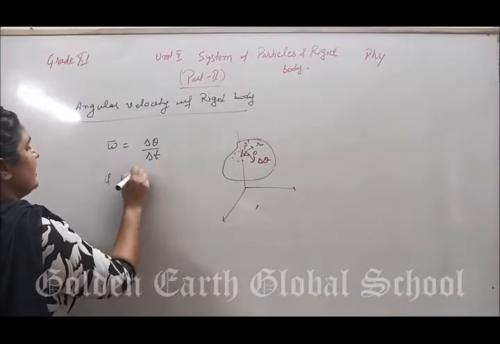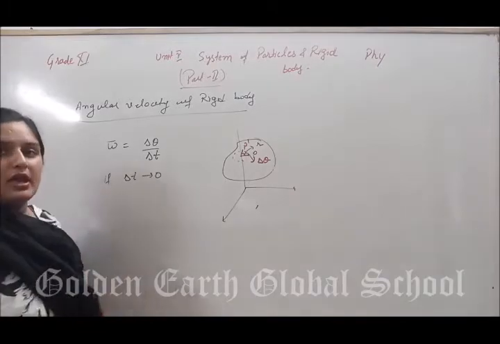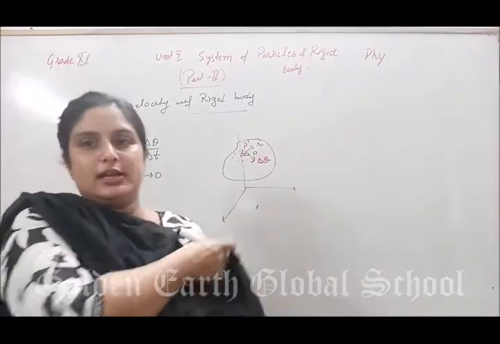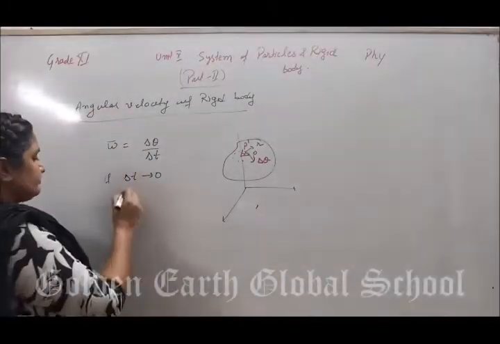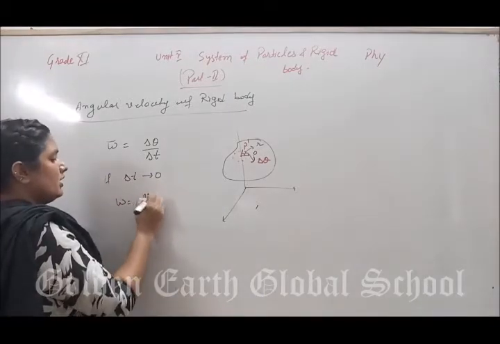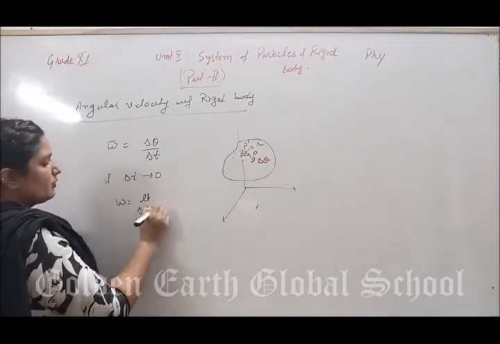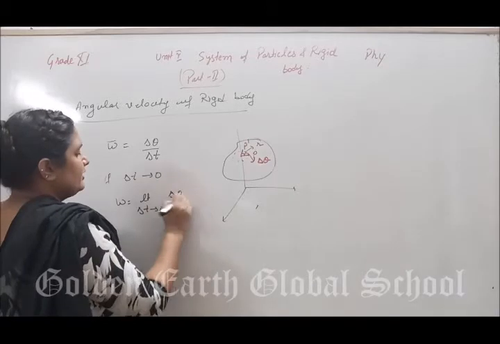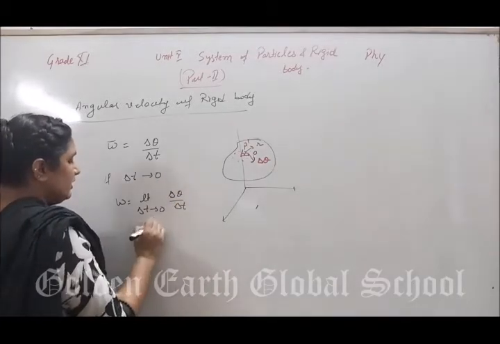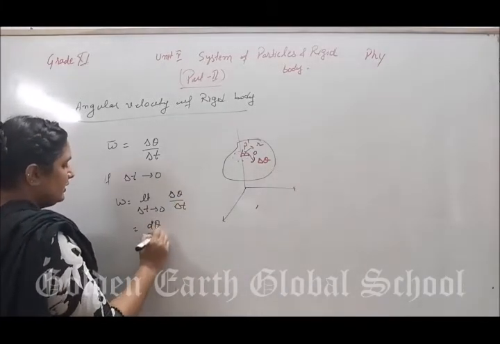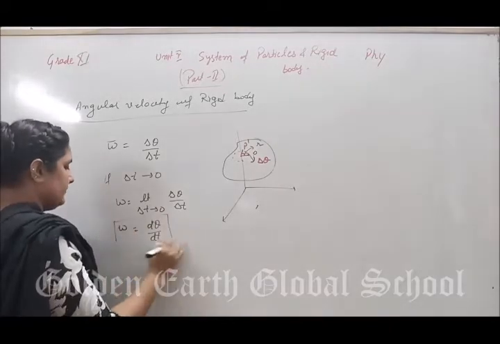Now if delta t approaches 0, I have taken the limiting value of delta t. In that case, omega is the limit as delta t approaches 0 of delta theta by delta t, that is equal to d theta by dt.